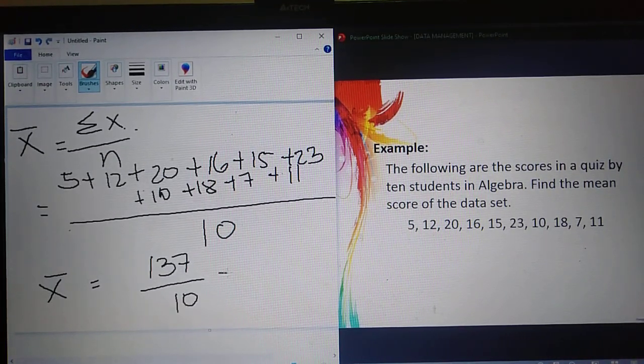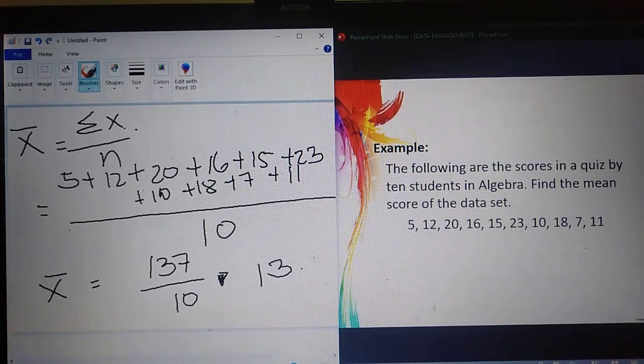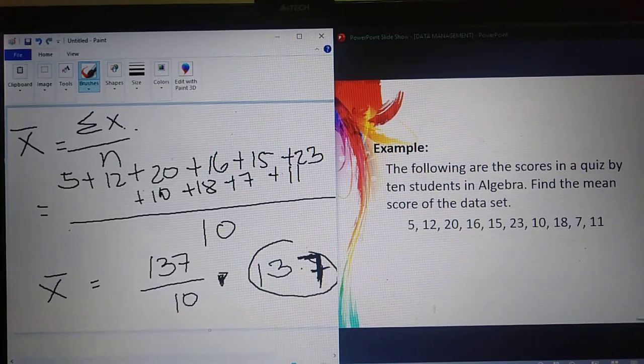The answer will be 13.7. This is our mean. So, ganyan lang po pagkuha ng mean. You have to add all the data and then divide kung ilan yung bilang ng data.